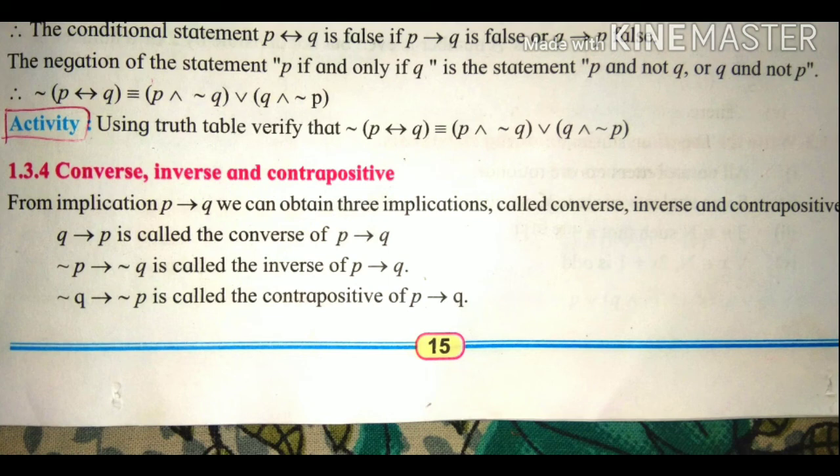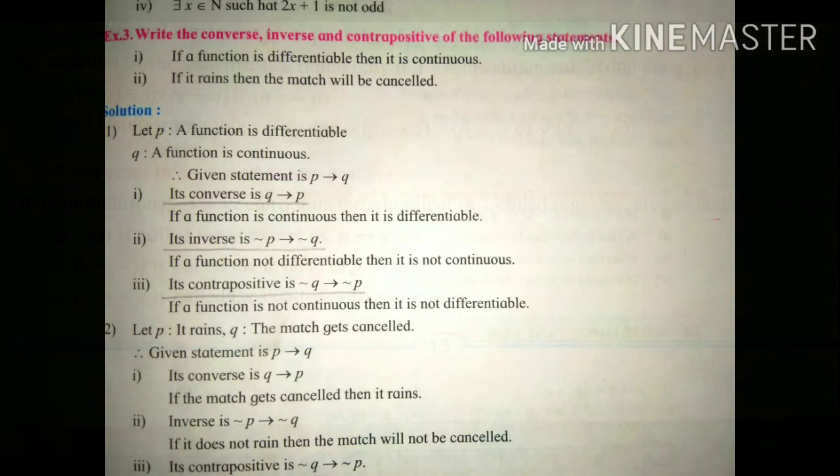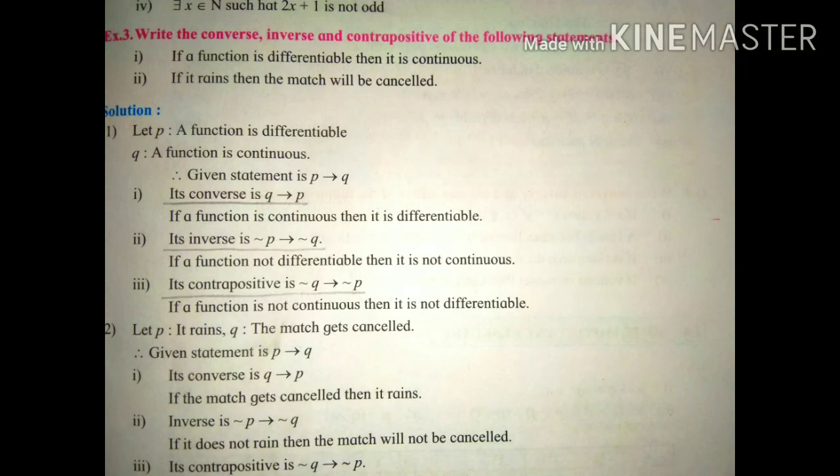From the conditional or implication statement, we can obtain three conditional or implication statements. First one is converse, then inverse and contrapositive. You should remember the symbols for converse, inverse and contrapositive while writing the examples.